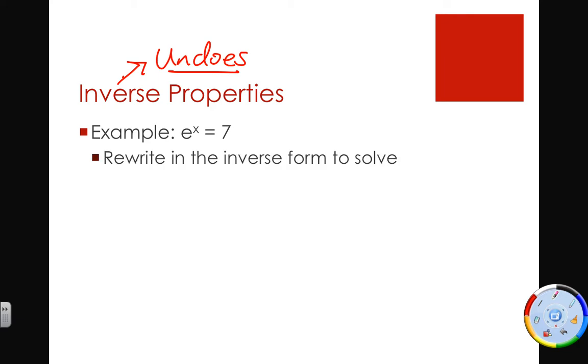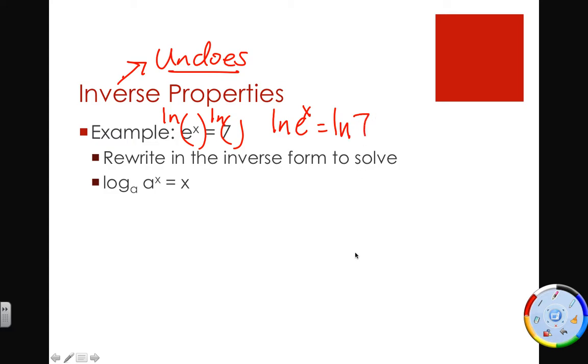So we're going to rewrite in inverse form, basically saying if I have an exponential equation right here, I could take the logarithm of both sides. Notice I want the same bases. Well, this is base e. So if I was to take the natural log of both sides, I would end up with the natural log of e to the x equals the natural log of 7.